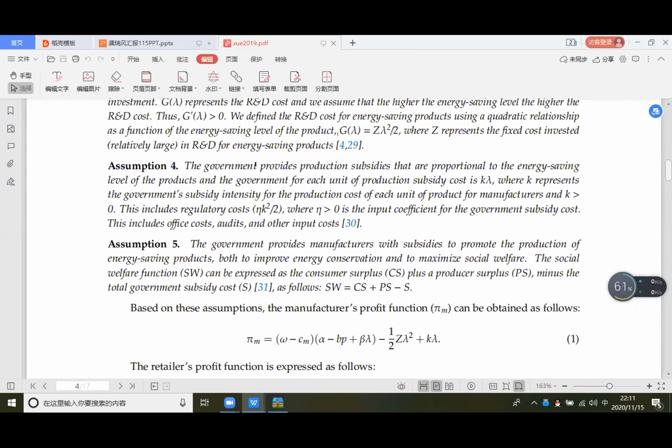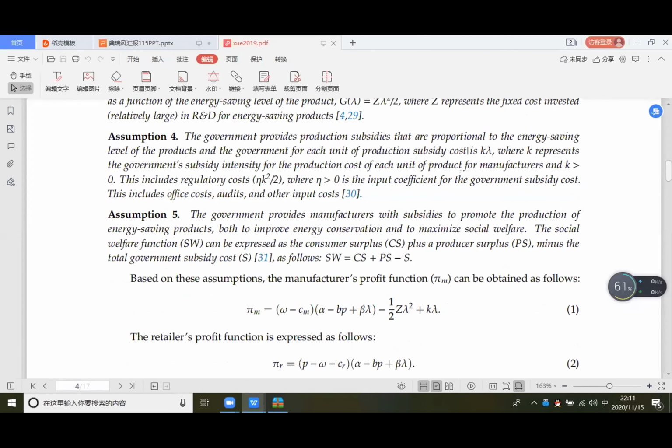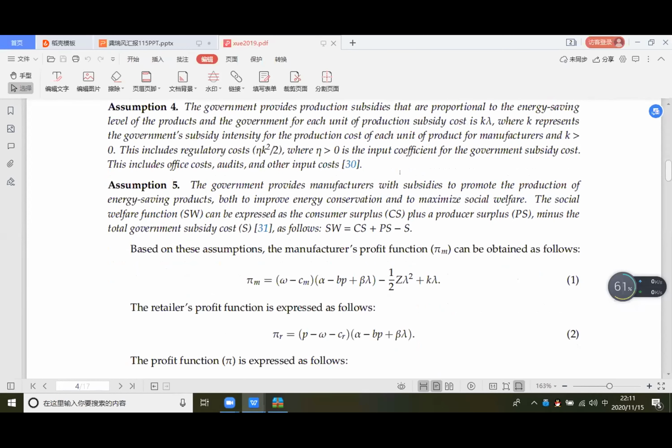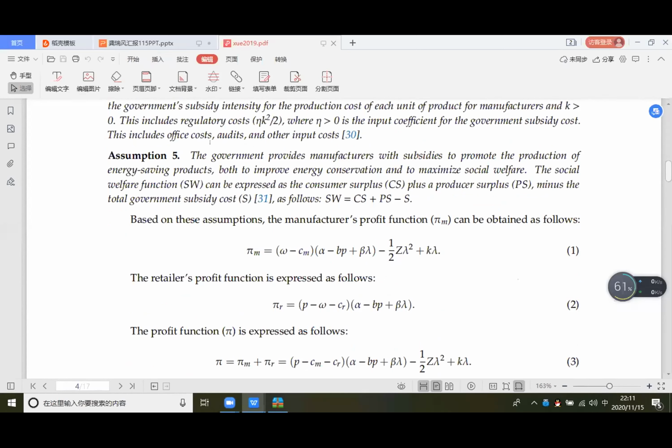Assumption 4: the government provides production subsidies proportional to the energy saving levels of the producers, and the government's cost for each unit of production subsidy is k multiplied by gamma. So this is assumption 5.